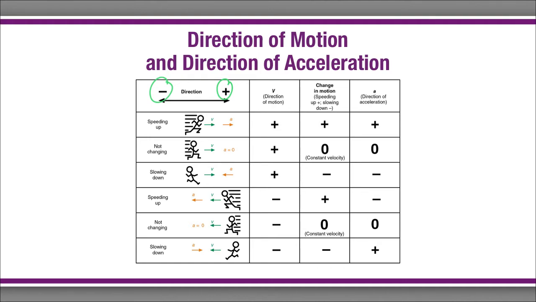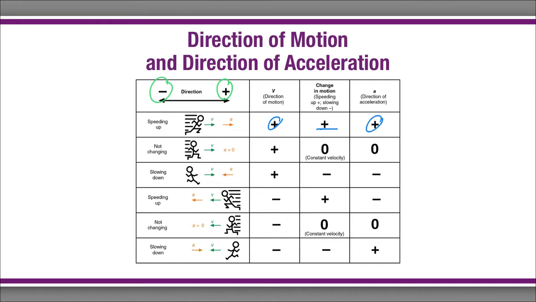your velocity and your acceleration is going to be going in the same direction. All right, so your change in motion should be on the positive side if you're going to the right and actually speeding up in the right direction.